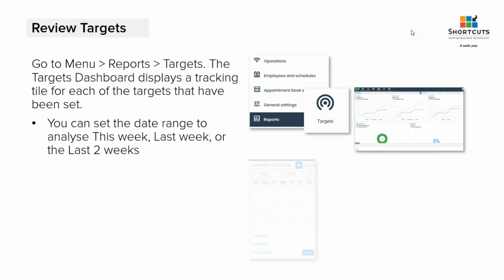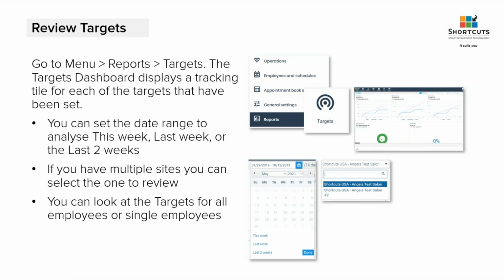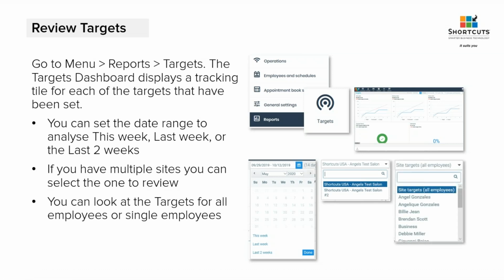And you can always set the date range, or your employees can look at the last week, this week, or even the last 2 weeks to see if they're on track to hit their goal. And to set those date ranges in the cloud, on the top right corner, when you're looking at any report, there's a little calendar button, which will let you set what's your date range.